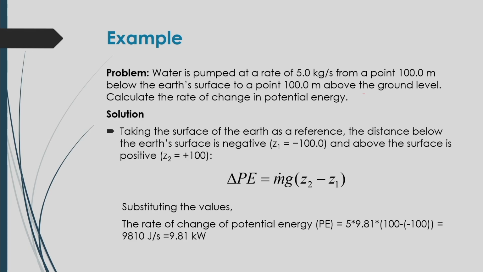Simply, m dot is given to you, g is the gravitational acceleration, that is 9.81. Here the level change Z2 minus Z1 is coming as Z1 is minus 100 meter and Z2 is plus 100.